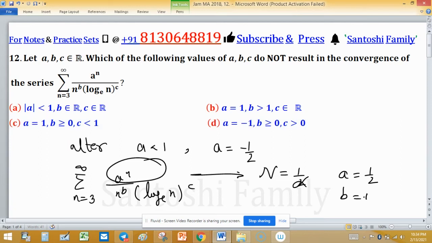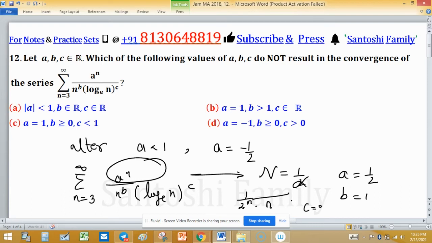So b equal to 1, because the easiest numbers we always choose whenever we are free are 0 or 1. b equal to 1 and suppose c equal to 0, then this series will be 1 upon 2 raised to the power n into n.